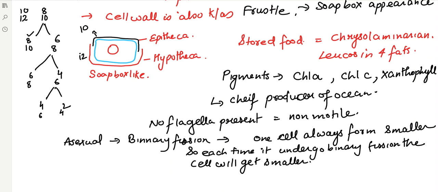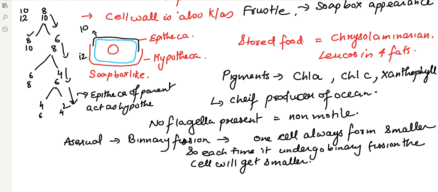So every time during binary fission there is a decrease in the size of the cell, because the epitheca of the parent acts as hypotheca. If the size goes on decreasing, the problem is that the cell will become very small and the organism will die.